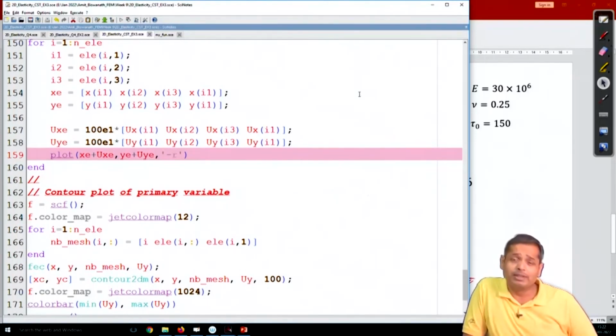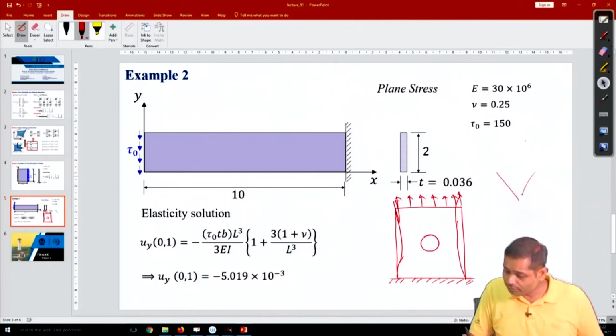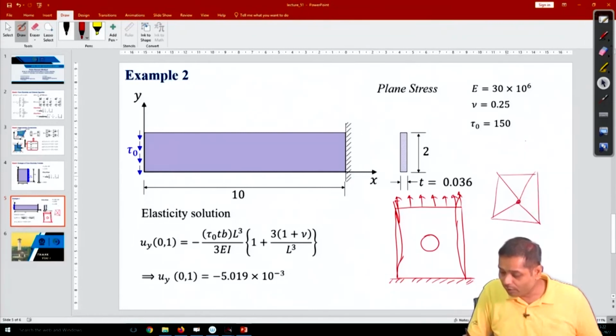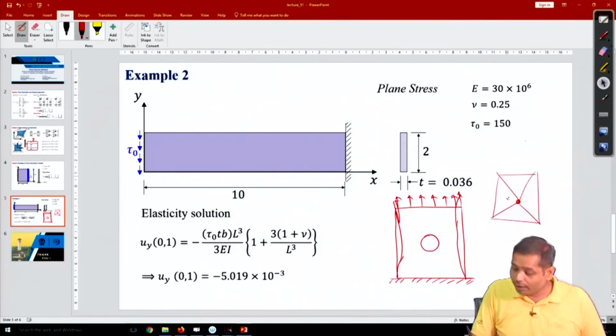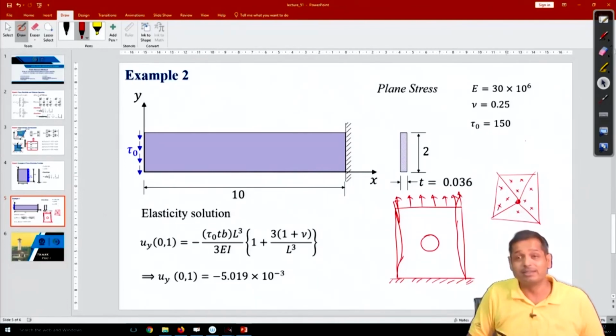But then consider a node which is common between various elements. For instance, if you have a connection like this, this is one element, this is another element, and this is a fourth element, and you have a common node. You calculate the stresses at all these Gauss points for each individual element. But suppose I want to see the stress at this point. Then you can project to this point.